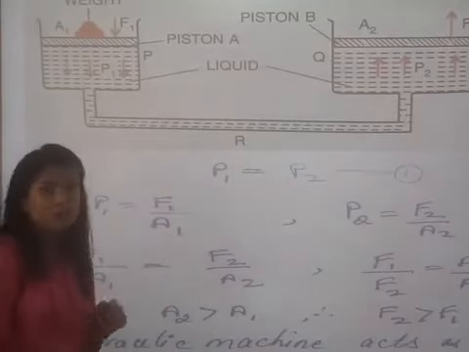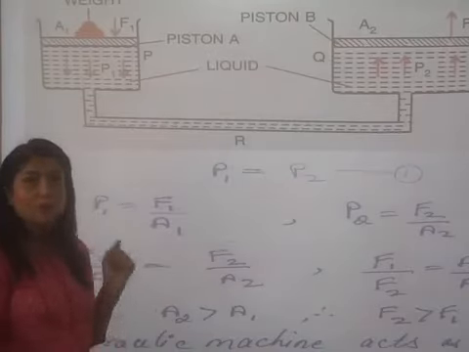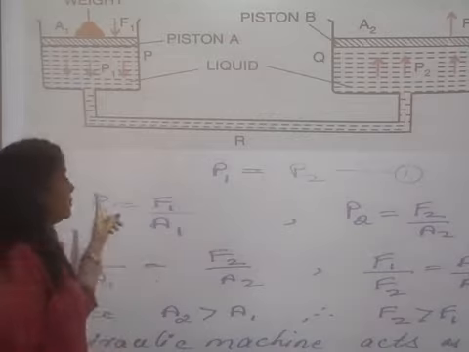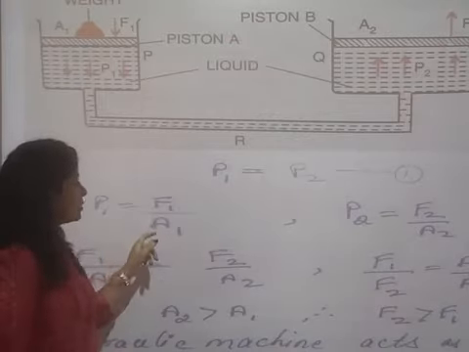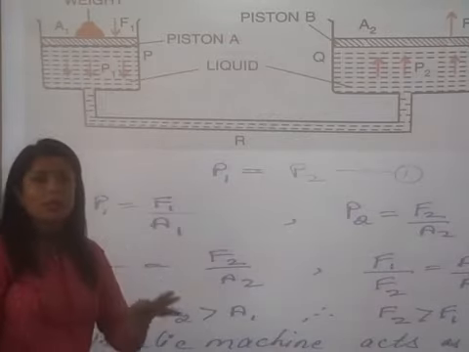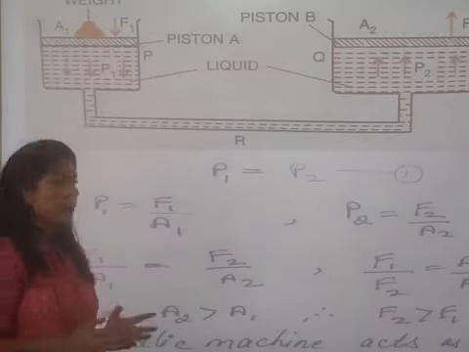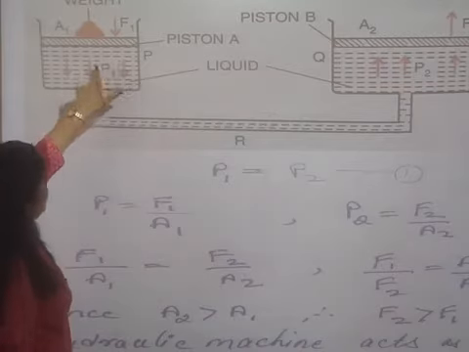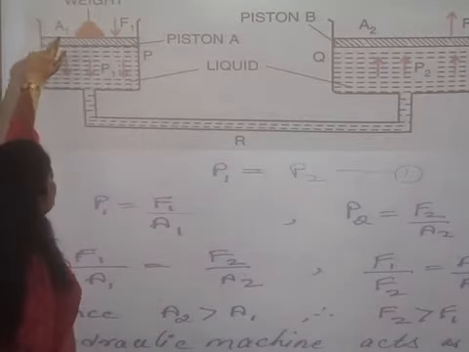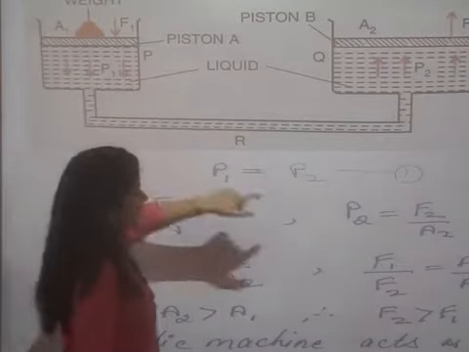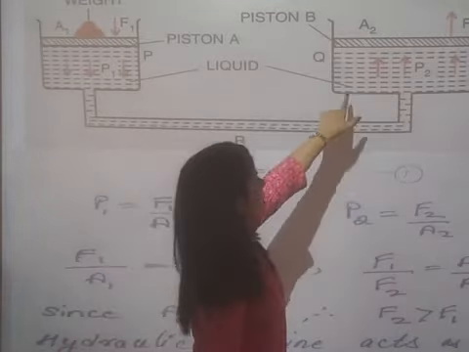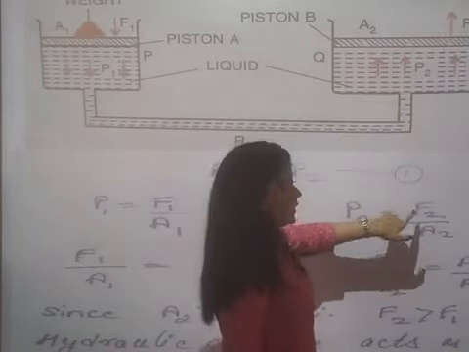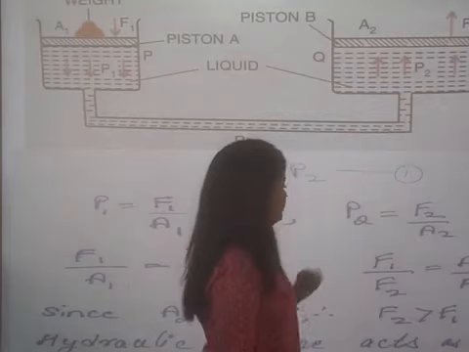Now, what is pressure? From the equation, we know that pressure is equal to force per area. Force applied in a certain area, that is F1 divided by A1. That is pressure P1. P1 is force F1 divided by area A1. Similarly, P2 is the pressure over here, that is F2 divided by A2.